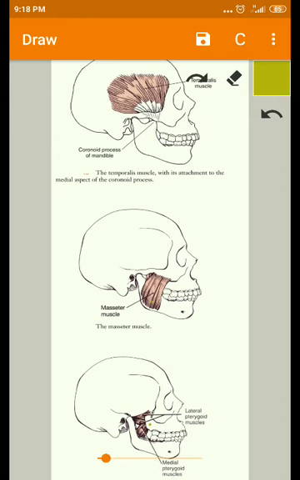Now coming to the lateral pterygoid as well as the medial pterygoid. First, we are going to see the lateral pterygoid muscle. If you can see this lateral pterygoid muscle, up to here, it is divided into two portions: the superior portion and the inferior portion.